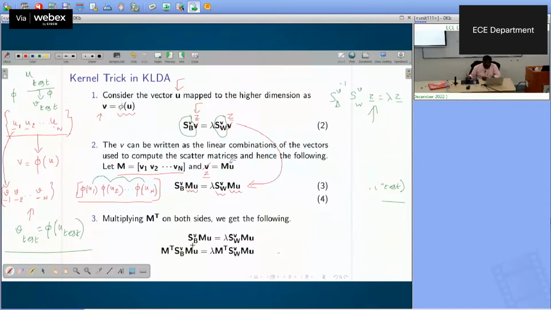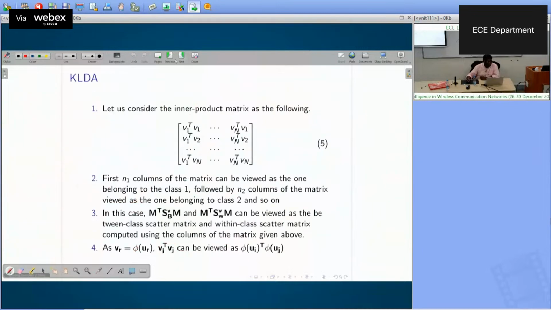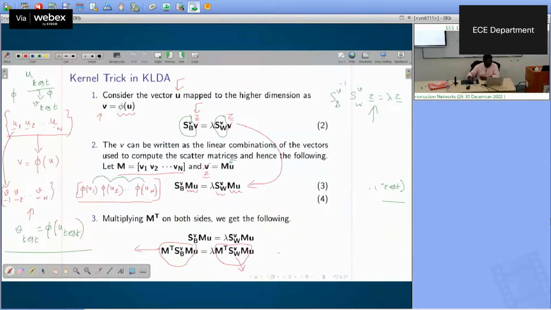So now this is M transpose SBVM, and this is M transpose SWVM. Got it? So now you are getting a new between class scatter matrix and within class scatter matrix. Up to this, any doubt?